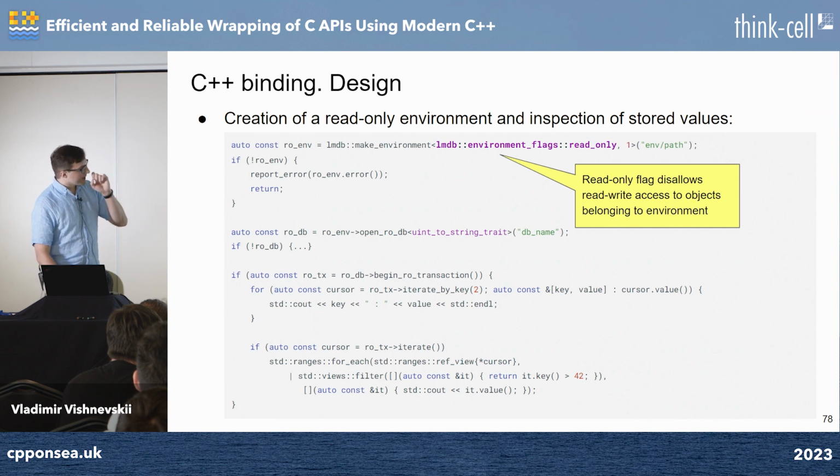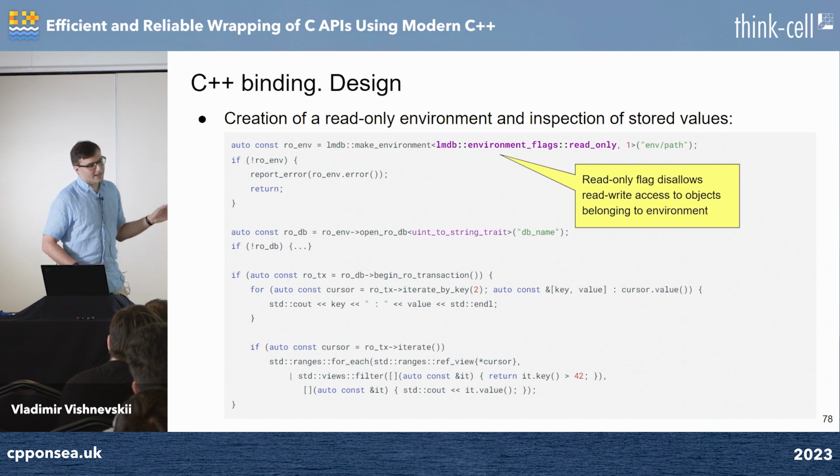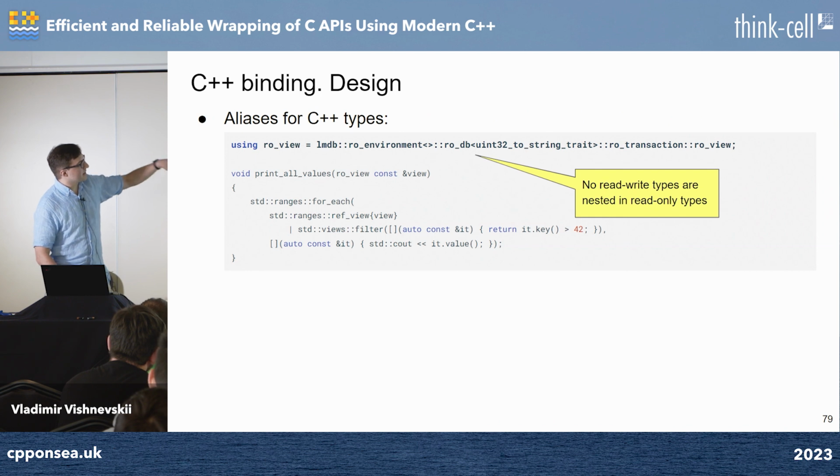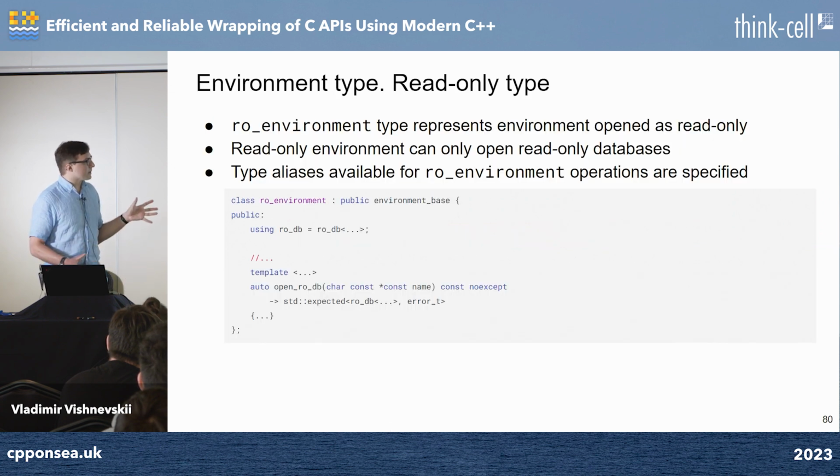Okay, so now, as we mentioned, we can specify that the environment is supposed to be read-only. That's what we would like to achieve, just to eliminate all incorrect access to read-only objects. And we also mentioned that we want to have these types available because of this use case. Generally, one of the approaches that can be used is to just split the types.